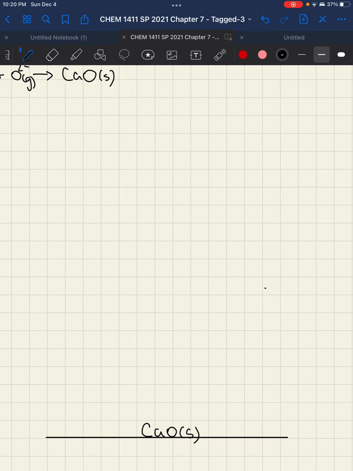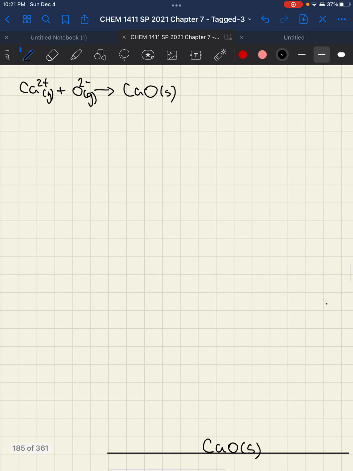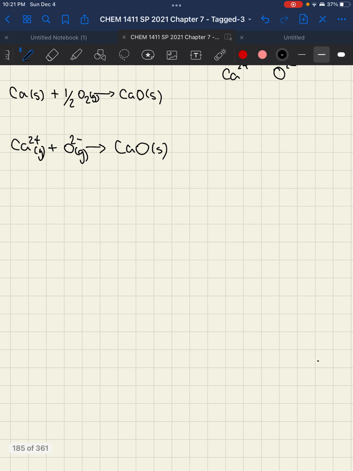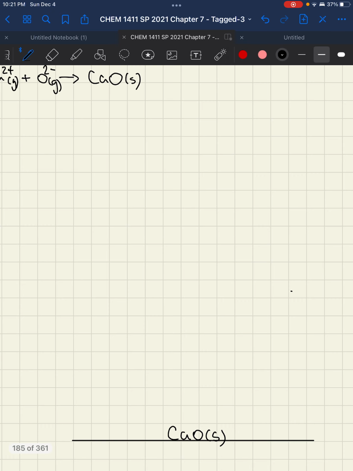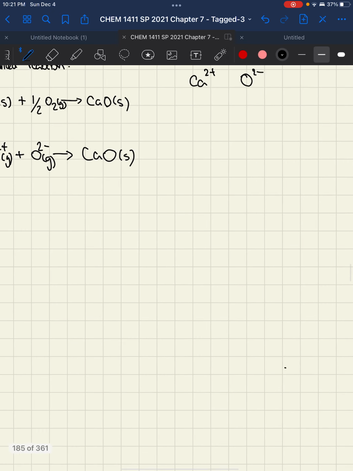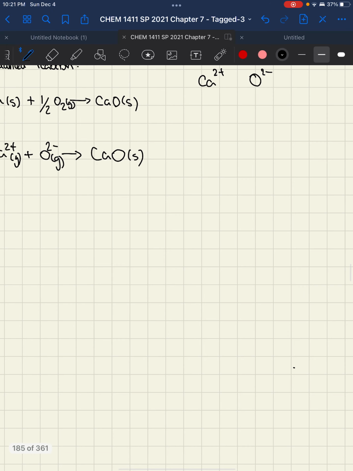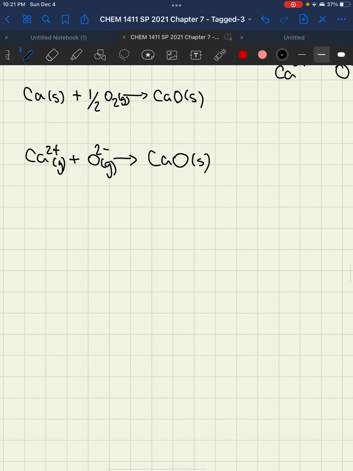the first step will be the enthalpy change of formation. Enthalpy change of formation, so breaking the calcium oxide results in the product side of the equation.